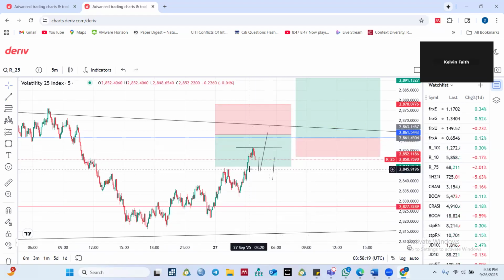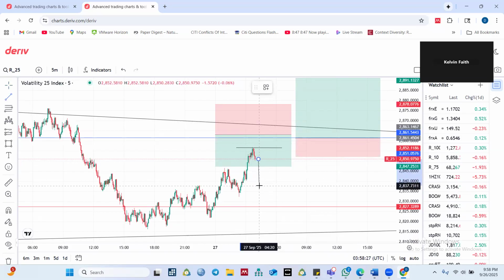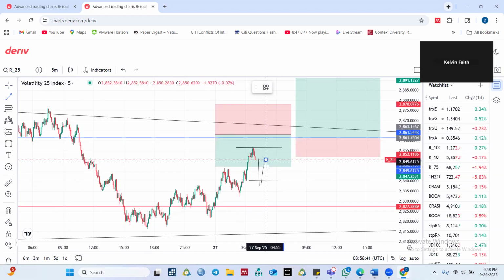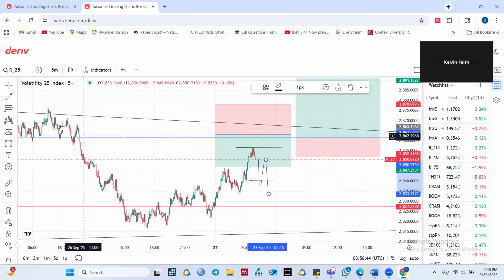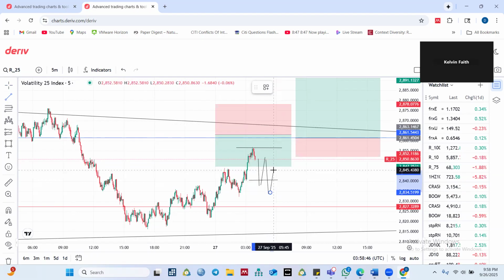I don't know if it will happen this way, but if it breaks to retest and takes this low out, and it goes up and fails to make a new high and drops again, then the next retest might be our sell. So let's see how all these possibilities play out.